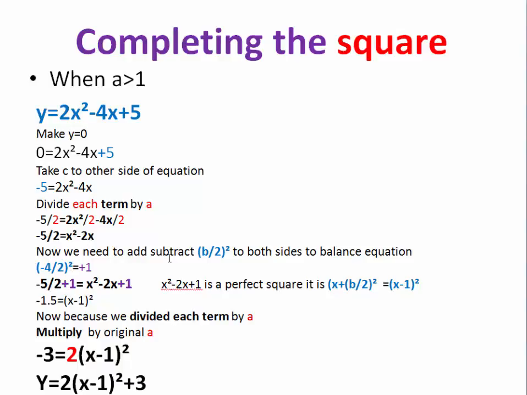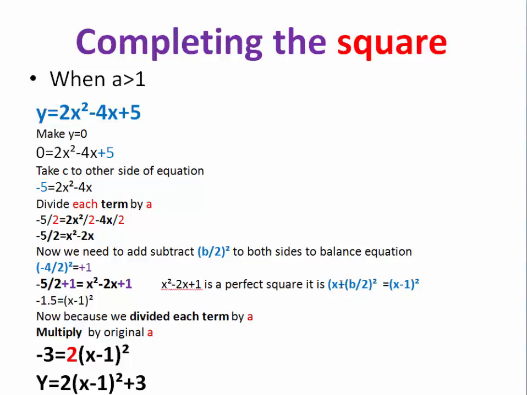Now we need to add a number to balance the equation. What number do we use? We use again b divided by 2, squared, which is plus 1. So add plus 1 to both sides of the equation, and on the right-hand side we get x squared minus 2x plus 1, which is a perfect square.